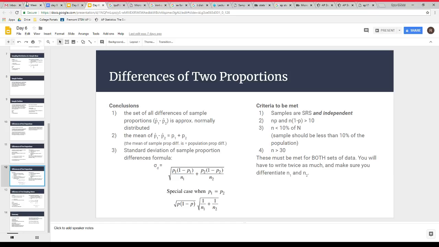If sample size is less than 30 for a t-distribution, what must we do to make sure that it's okay for us to use a t-distribution to model the sample? Yeah. So we have to check if either the data that we're given is normal or if the question says the population is normal.